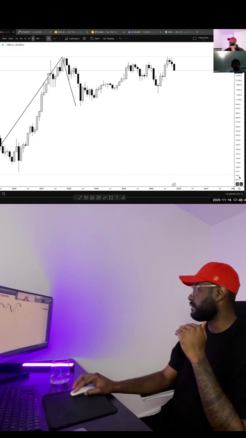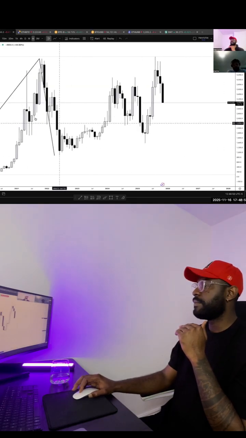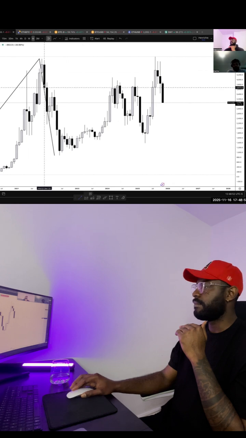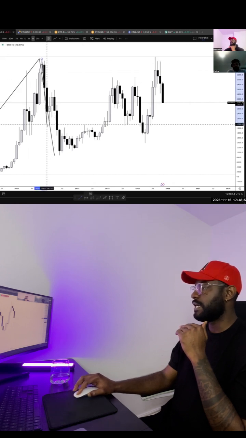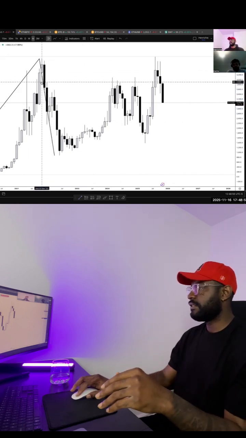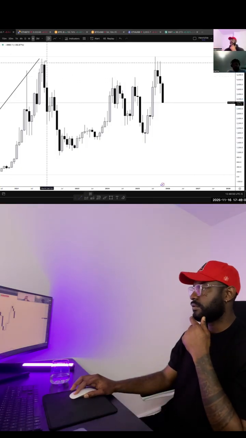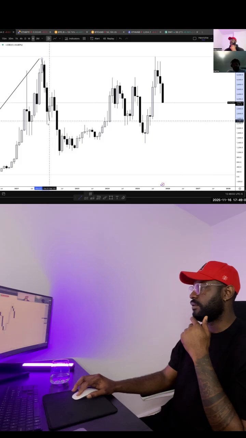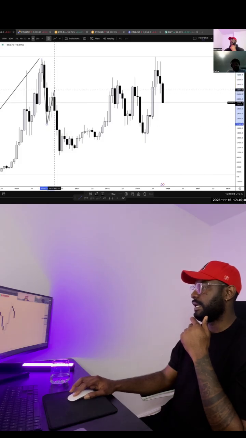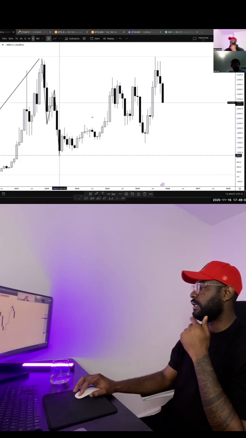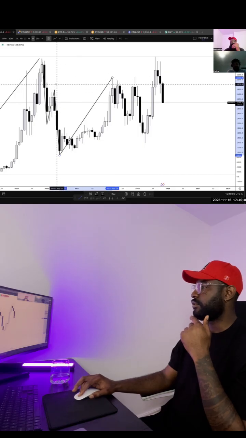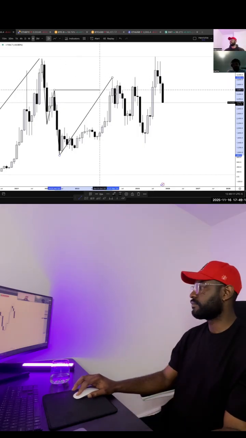Where is the market going? On the short-term perspective, you can see that the market was trending to the downside, creating a lower high, lower low, lower high, lower low, and then it broke structure here.